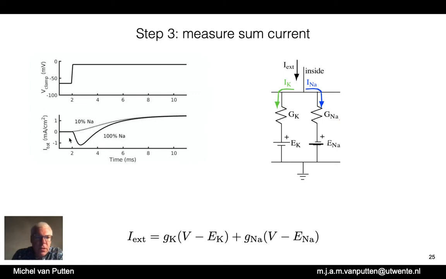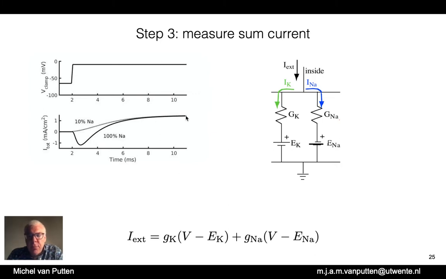And that sum current is displayed here. So when the clamp voltage is set to a particular value, this is the total current that needs to be injected into the membrane, which is essentially the sum of the sodium and potassium current, associated with a particular membrane voltage. But note that this is a sum current, so it's the potassium and the sodium current.